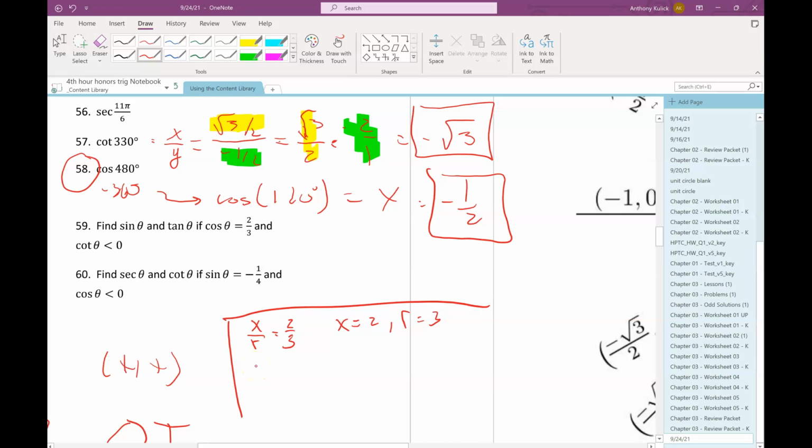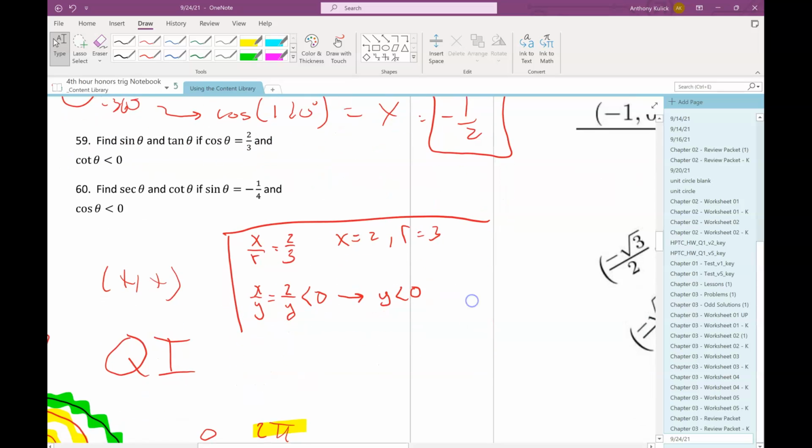And I know cotangent is x over y, so this is 2 over y. And I know cotangent is negative, so the y has to be negative. So I'm going to be operating in the fourth quadrant, where the x is positive but the y is negative.